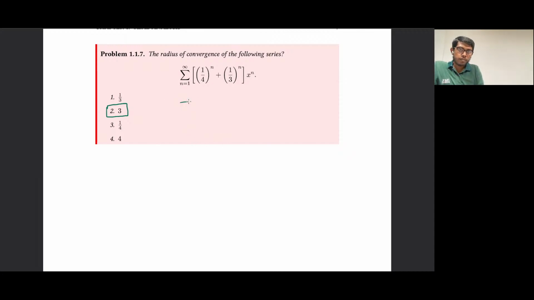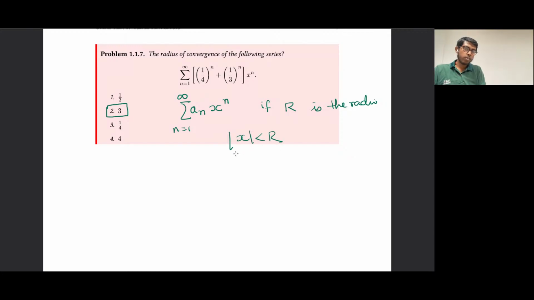So we recall that if we have a series sum of an x to the power n, n equals 1 to infinity, what do I mean by radius of convergence? If r is the radius of convergence, it is the largest number such that in this region the series converges.